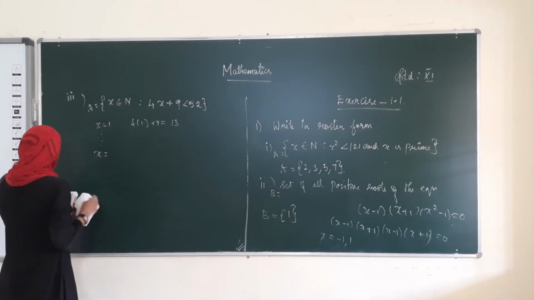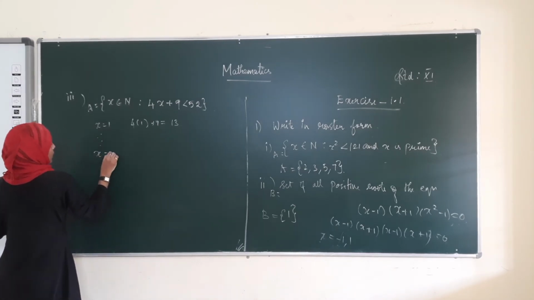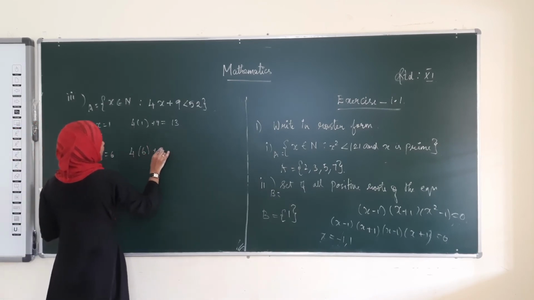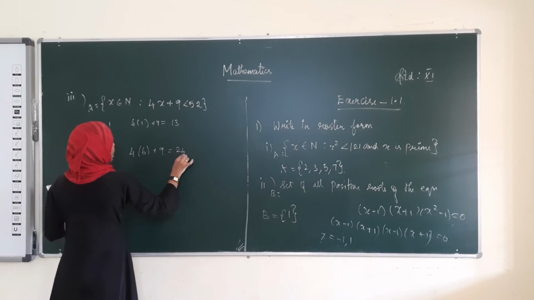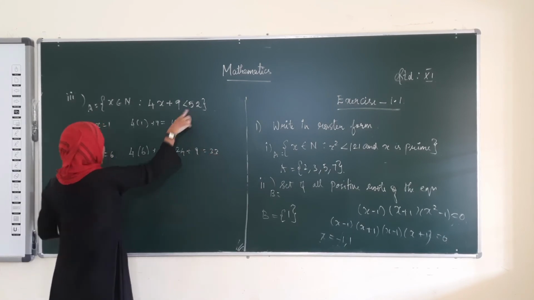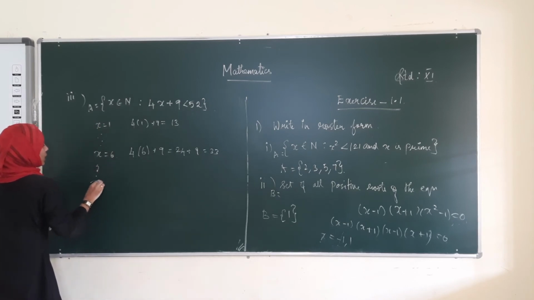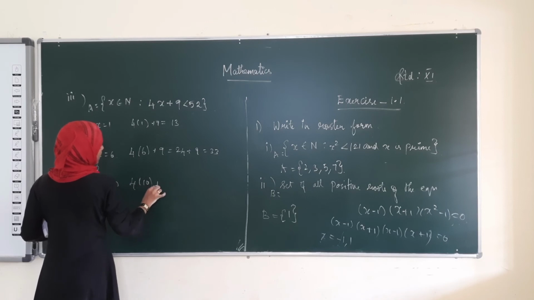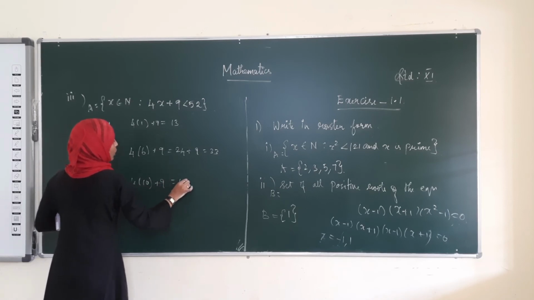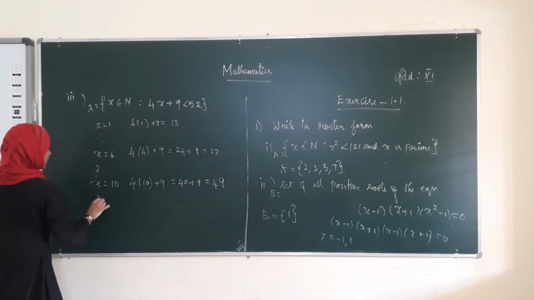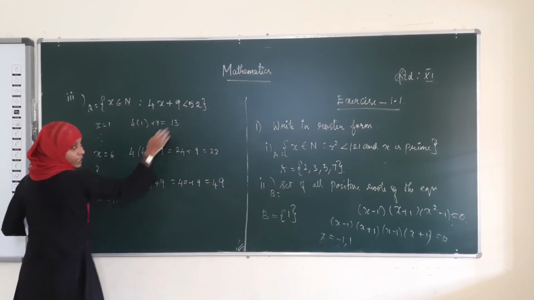Okay, see here, 4 into 6 plus 9, 4 sixes are 24 plus 9 is equal to 33, 33 is surely less than 52. Then we go on, let us take x equal to 10, 4 into 10 plus 9, which is 40 plus 9, this is 49. 49 is less than 52.